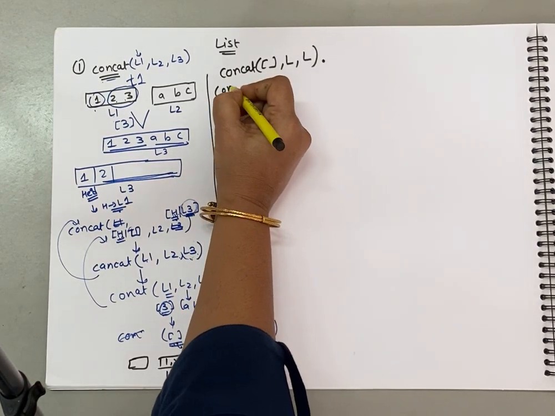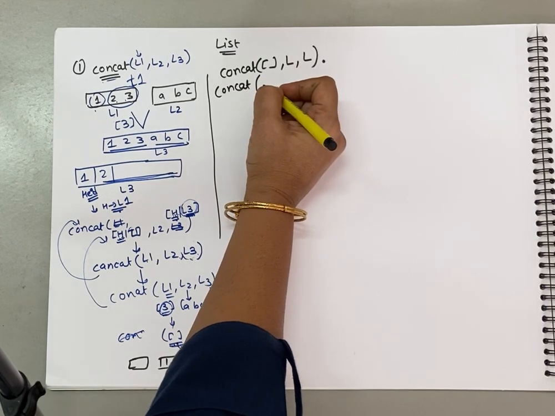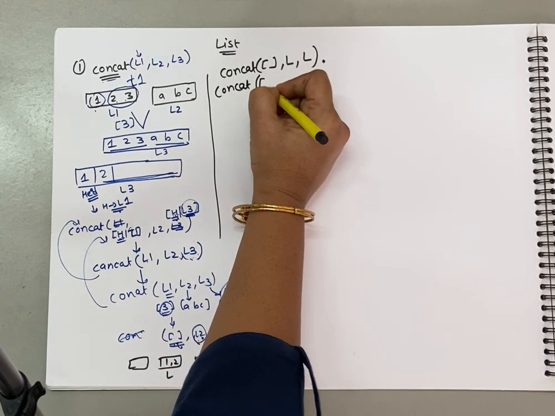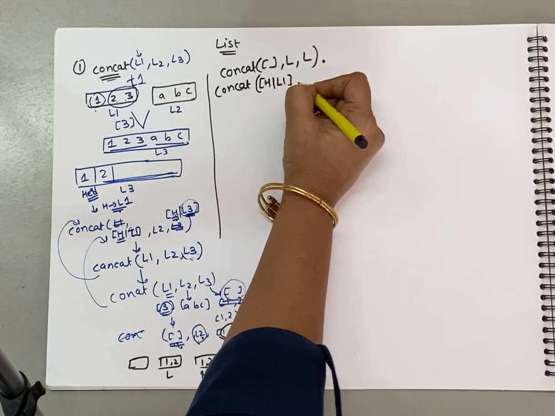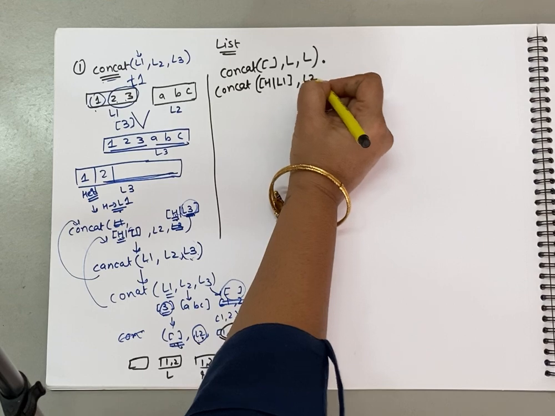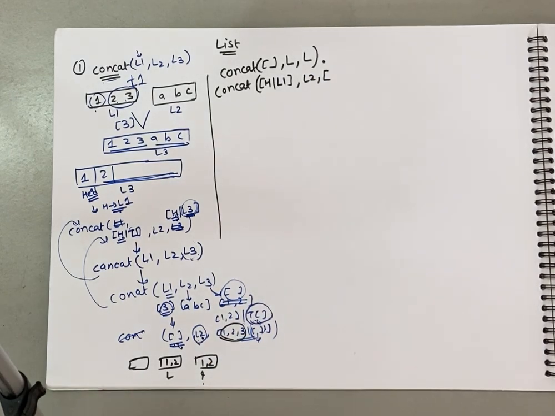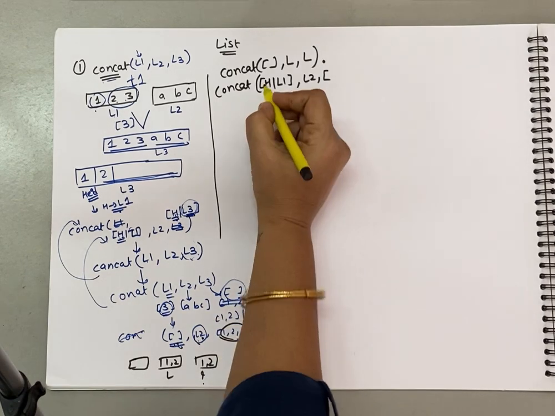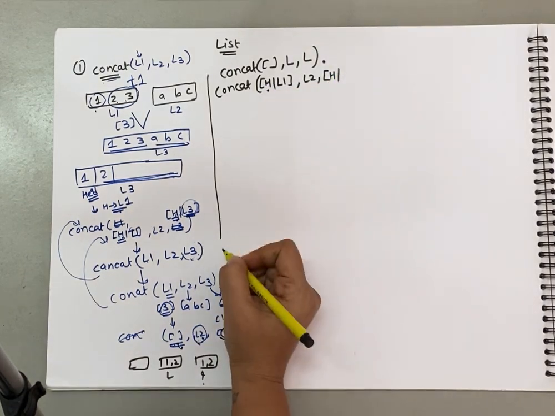But if it is not the case, then concat may have elements like, the first element, let us say, is the explicit head element, and the next is, let us say, L1, that is going to be the tail. The second list is L2 as it is, and the third list, see, whenever we are copying the head element to the next list, the head element of L1 is going to be the head element of the resultant list also.